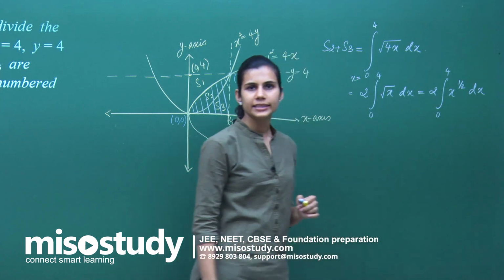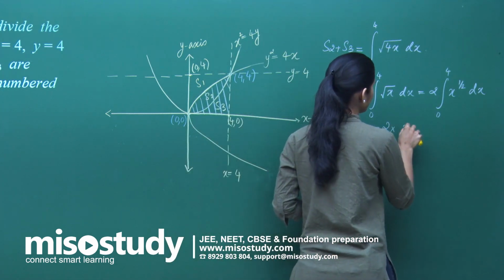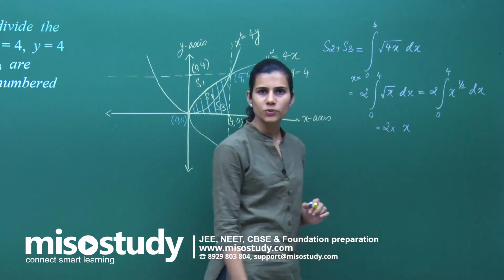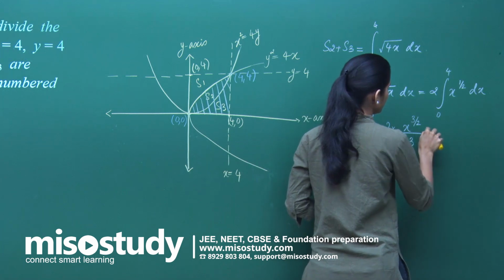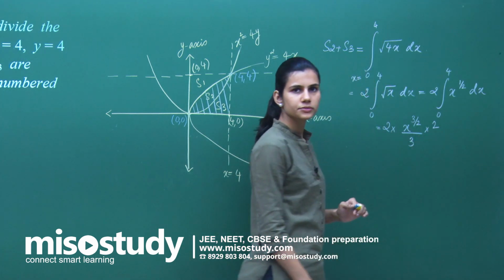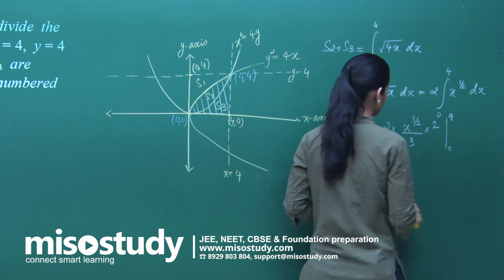X to the power n, integration is x to the power n plus 1 upon n plus 1. So this is 2 multiplied by x to the power 1 by 2 plus 1, which is 3 by 2, upon 3 by 2, from 0 to 4.